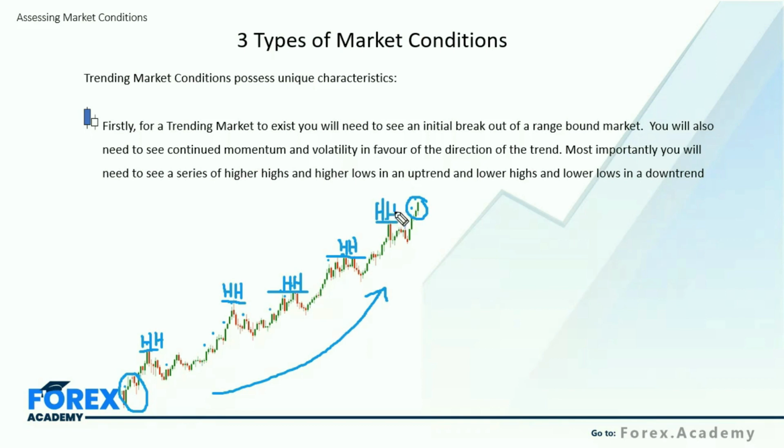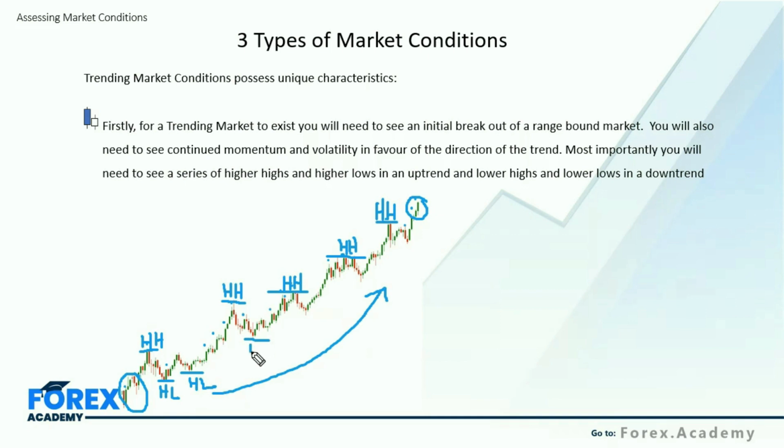So in addition to higher highs, what you would also need to see is the market being supported from the downside. And what we mean by that is you will also need to see what are called higher lows. So we call these HL for higher lows. And as you can see, these higher lows will be printed in a similar fashion to the higher highs.